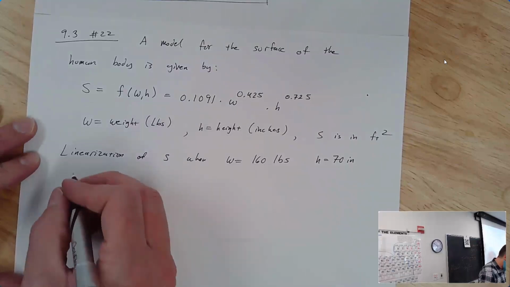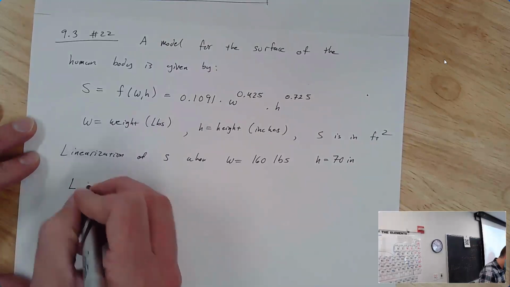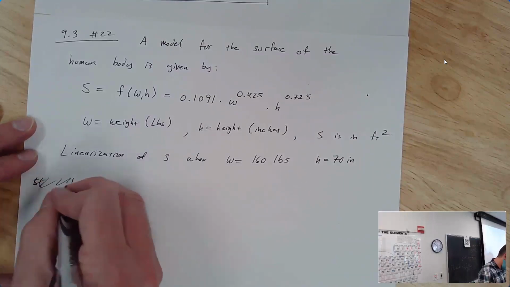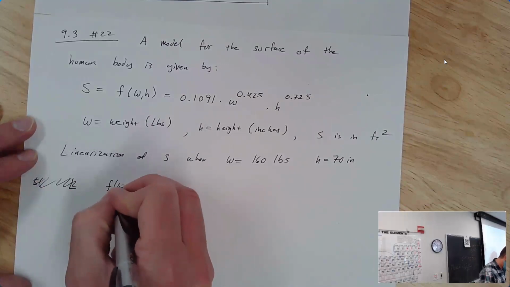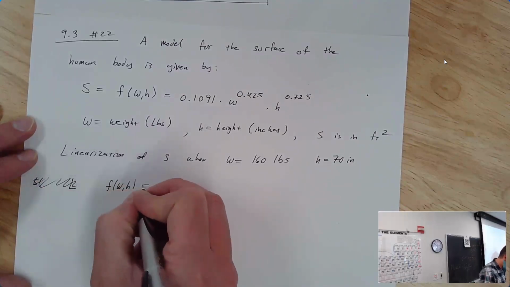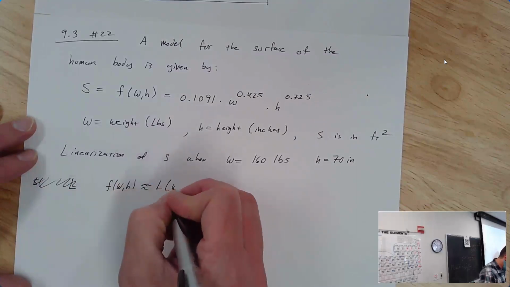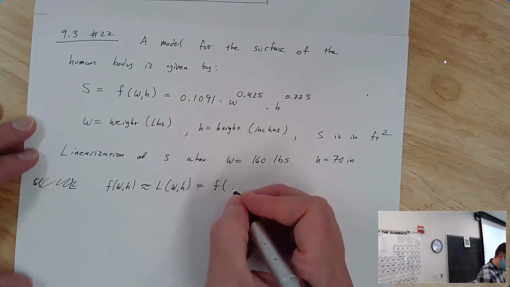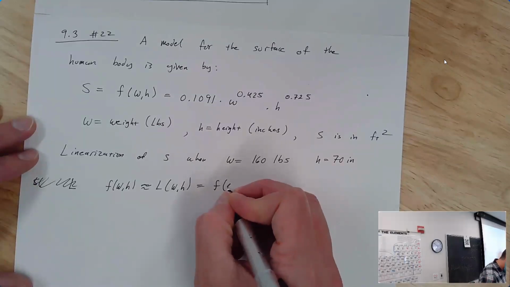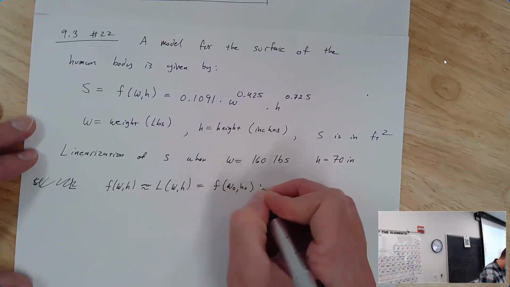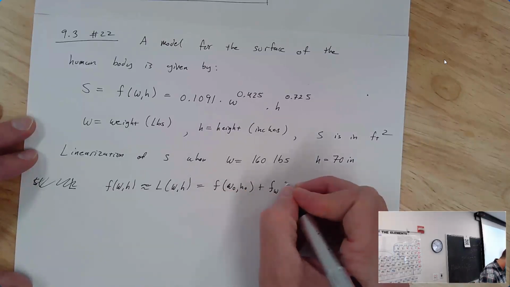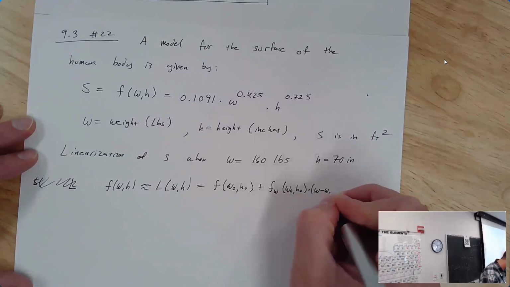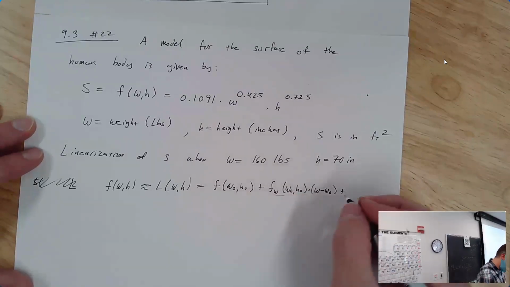But you can start by saying, okay, I'm going to write that the linearization. So I should really say S of W, comma H is going to approximately be the linearization, which we know is the function evaluated at W naught H naught plus the partial with respect to W at W naught H naught times W minus W naught plus the same exact thing except for the other variable.